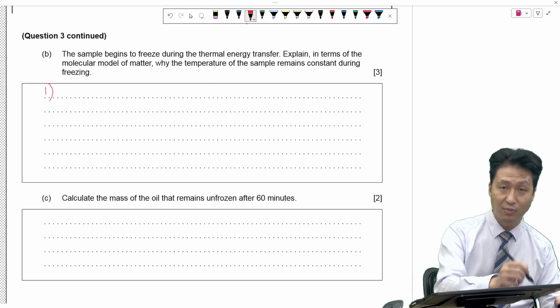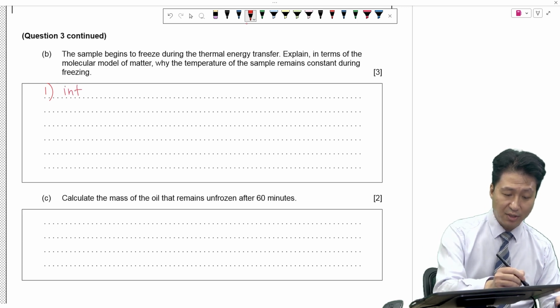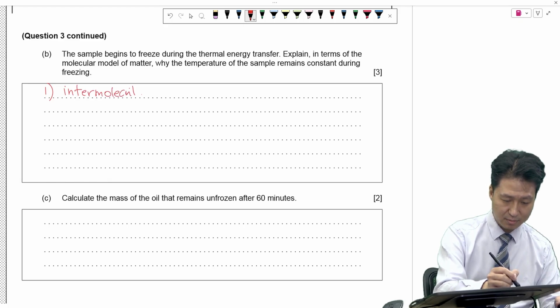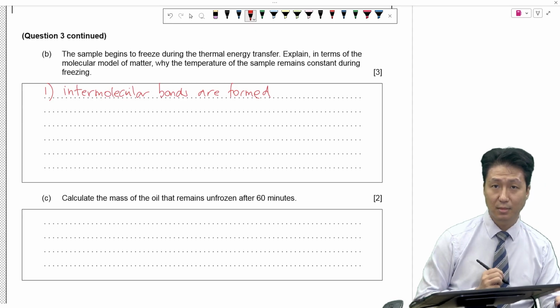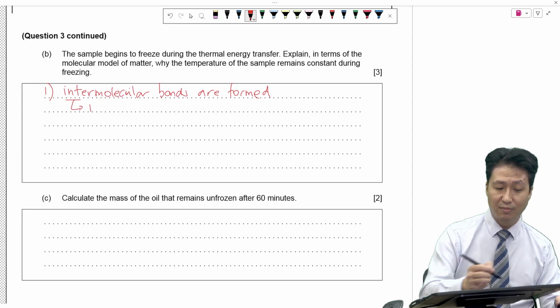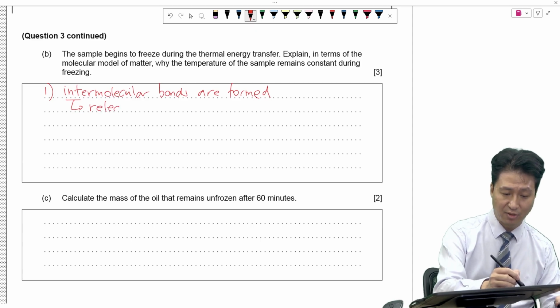So if you use the concept of intermolecular bonds, bonds are formed when changing into a solid. And every time an intermolecular bond is formed, this releases energy.